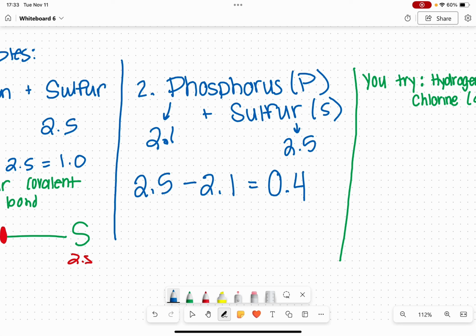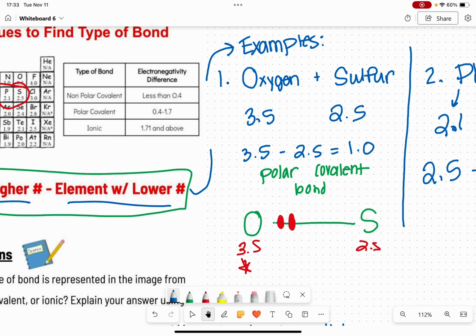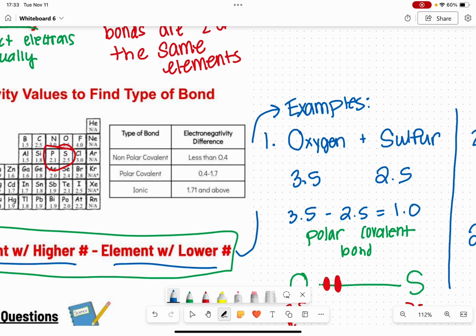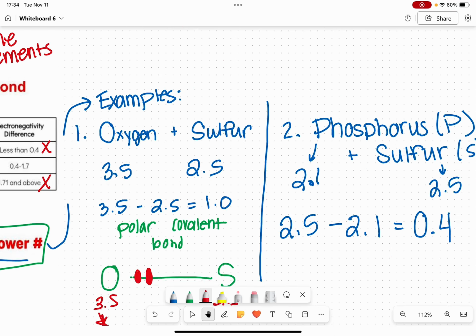And so I'm going to take that number and go back to my chart. So 0.4 is definitely not bigger than 1.71, and it's not less than 0.4. It's exactly 0.4, which means it is polar covalent.